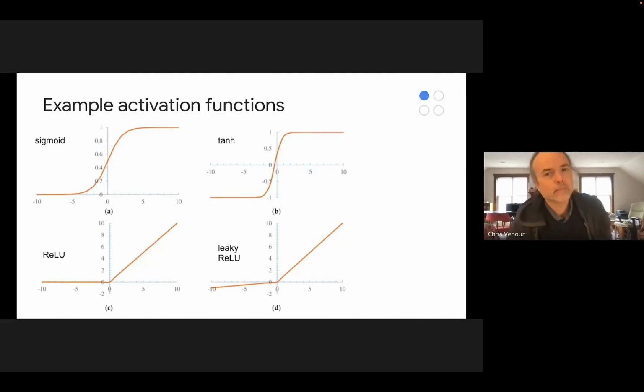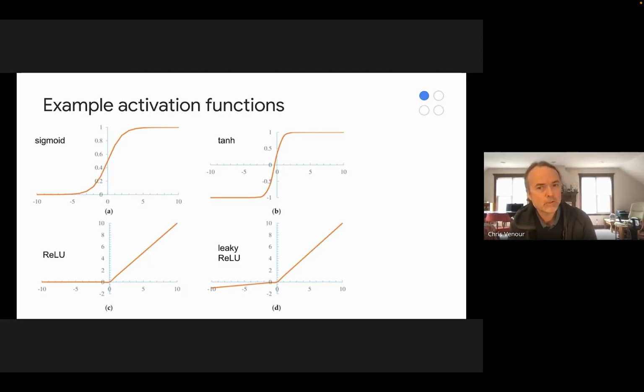And these are just some examples of really common activation functions. The sigmoid function, there's a graph of it in the top left corner there, just squishes input values to be between 0 and 1. Tanh is also just another squishing function, but this time it squishes things to be between -1 and 1. And the ReLU function, which is shown as the hockey stick shape at the bottom left of the slide, has become really popular in recent years.